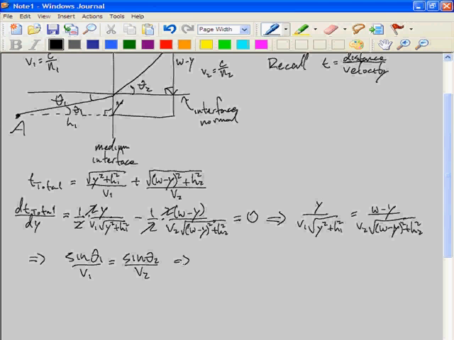So if we substitute this ratio for the velocities, we will see a formula relating the angle of incidence to the angle of refraction, known as Snell's law.